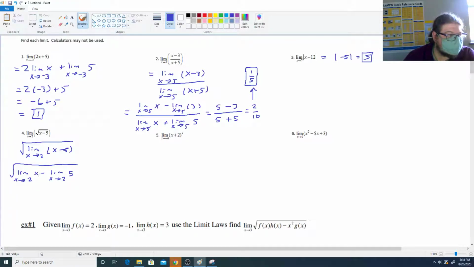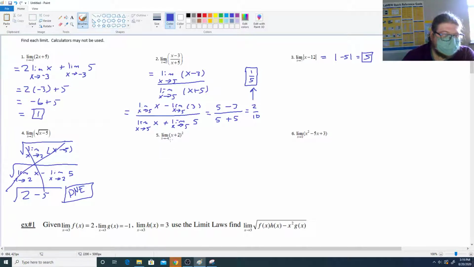The limit as x approaches 2 of x is just 2, minus the limit as x approaches 2 of 5 is 5. So we get the square root of a negative, which does not exist. Actually, I shouldn't have pulled this in here because this was going to lead to a square root of a negative. So this one can't do that because the limit doesn't exist.